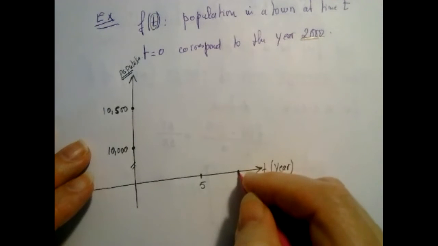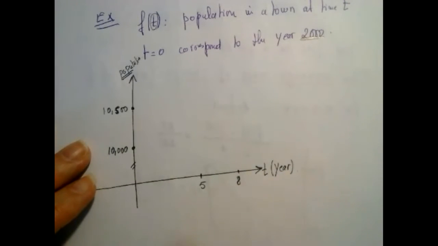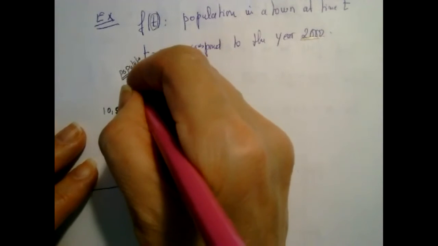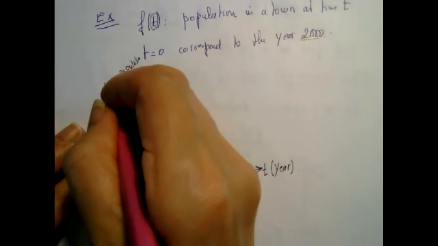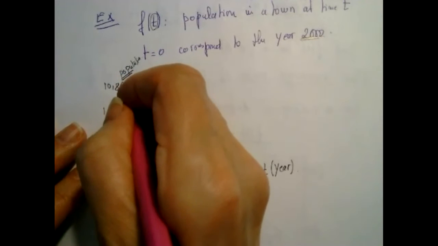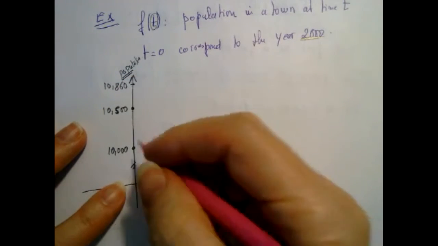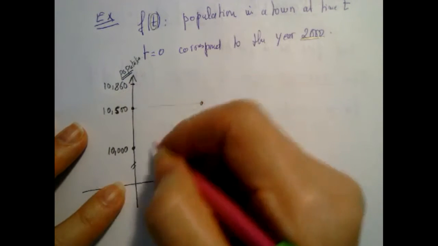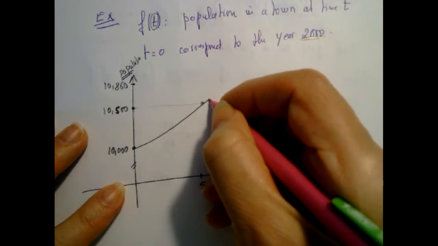And then let us say I don't want to take the same interval. After 8 years, the population grew and it is 10,860. So now my graph is going to look like that. A bunch of dots, and I'm going to connect them.